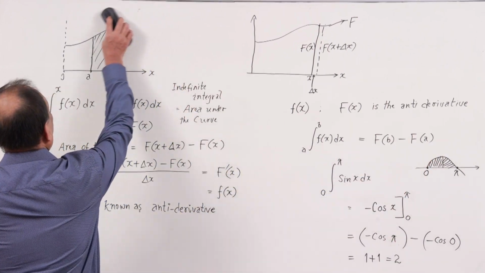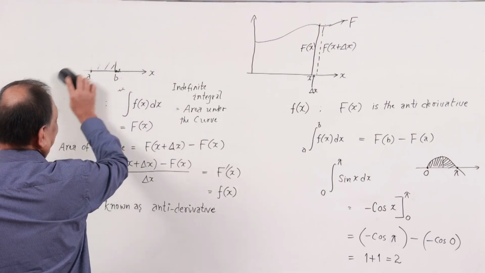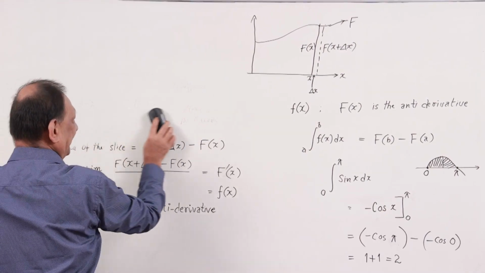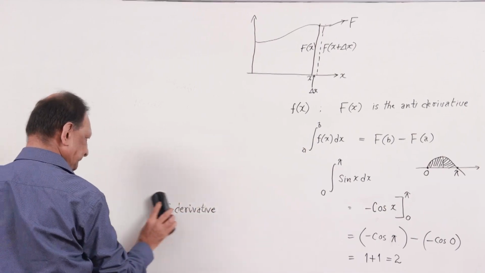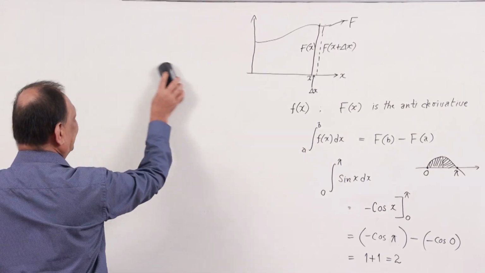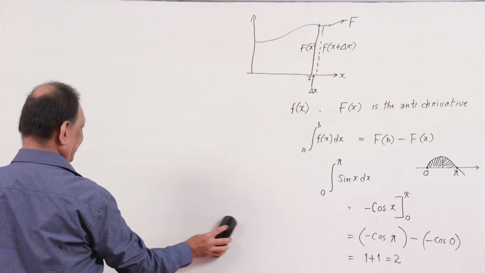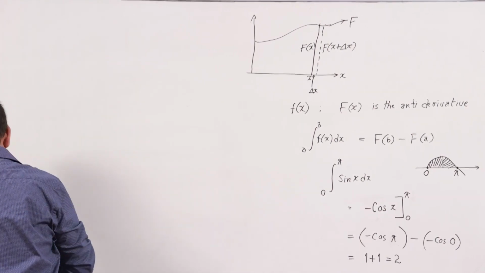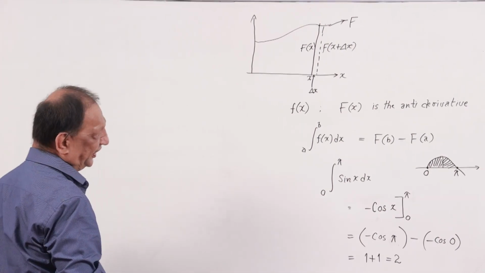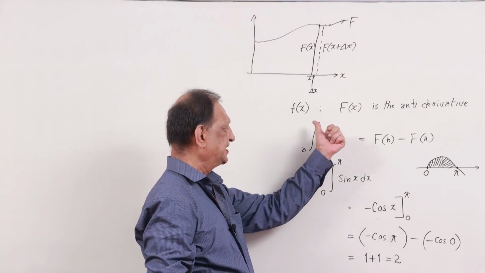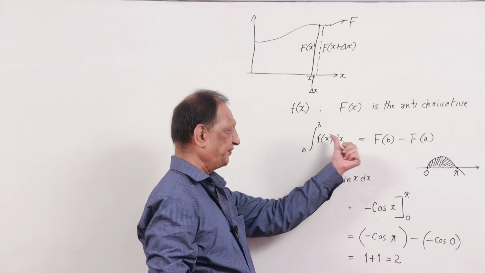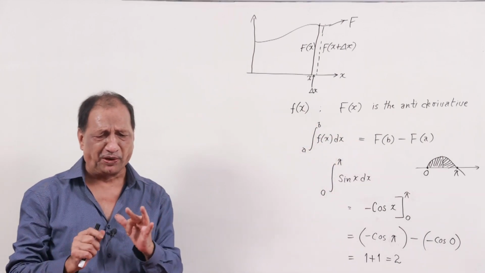Now, we will take a simple geometric example just to prove my point, the usefulness of integration. Now, integrals, like I said, actually our interest in any problem is the definite integral. We are always interested in finding out the integral from a to b of f(x) dx. This is what we really want in any problem.